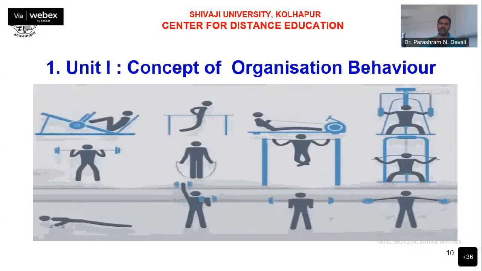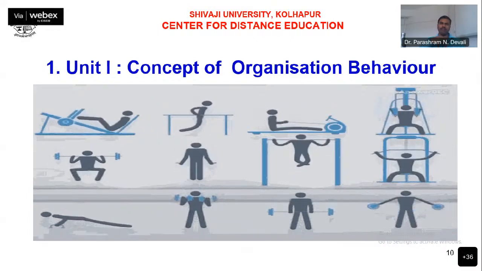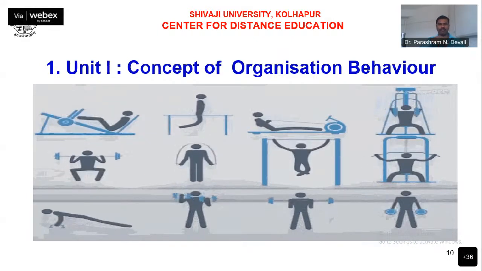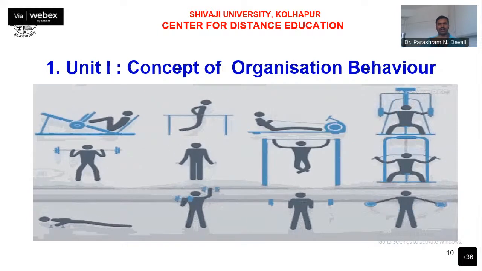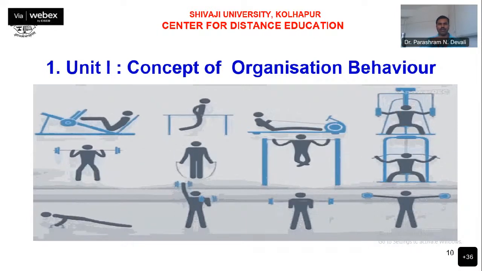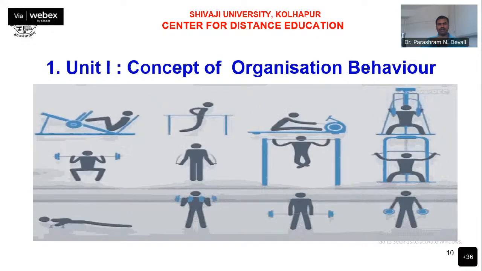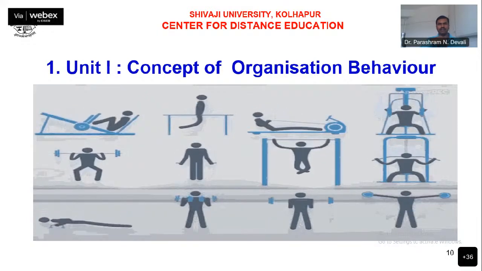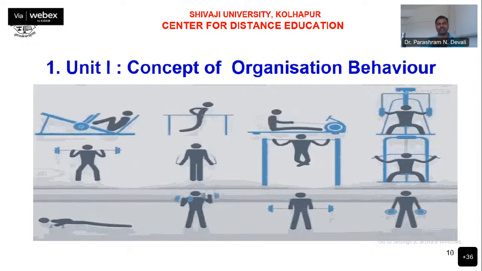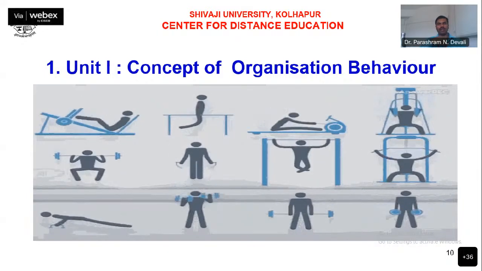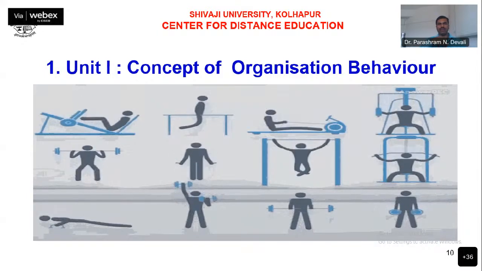And when we think about behavior, there are different people and they belong to different strata. They have different opinions, different views, different perceptions, different ideologies. The individual goal and the organization goal may be different.